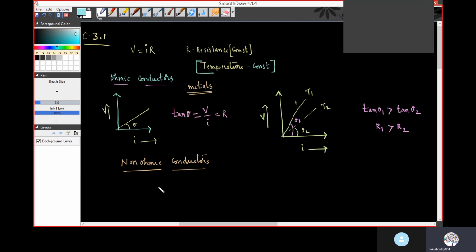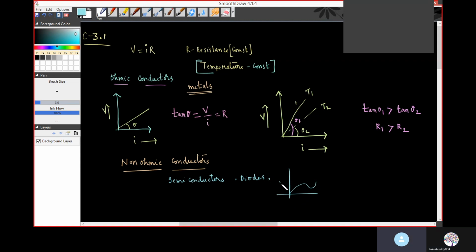Non-ohmic conductors are of different types like triodes, diodes, semiconductors, and insulators. These will have different shapes, okay?